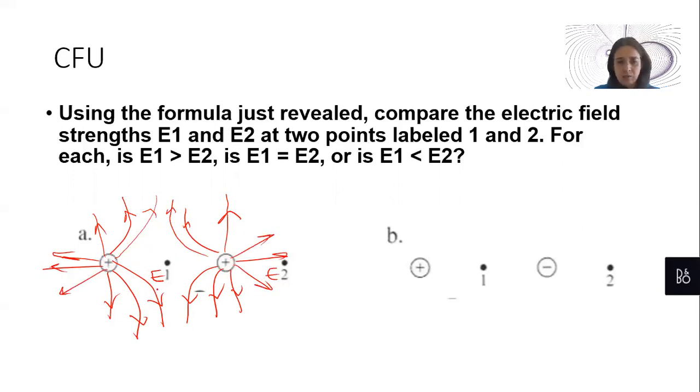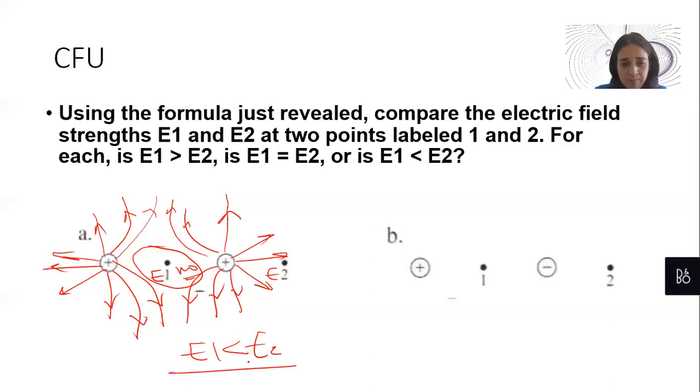So what this tells me is that at this point here in the middle, there's actually no electric field lines. So my electric field is going to be less than whatever's out here, because at this point there's 0 electric field. And then over here, there will be some sort of electric field strength because there are electric field lines going out next to it.